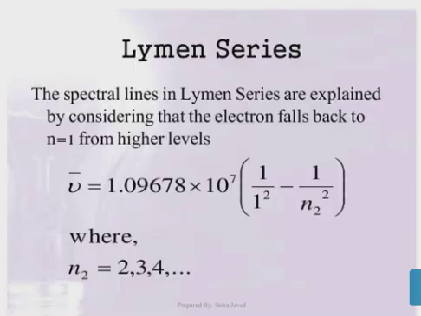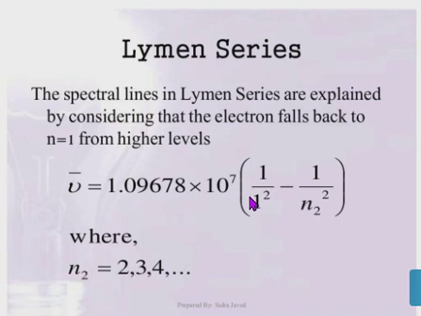This is the hydrogen Balmer series. The equation we discussed, R into (1 by n1 square minus 1 by n2 square), is called the wave number equation.